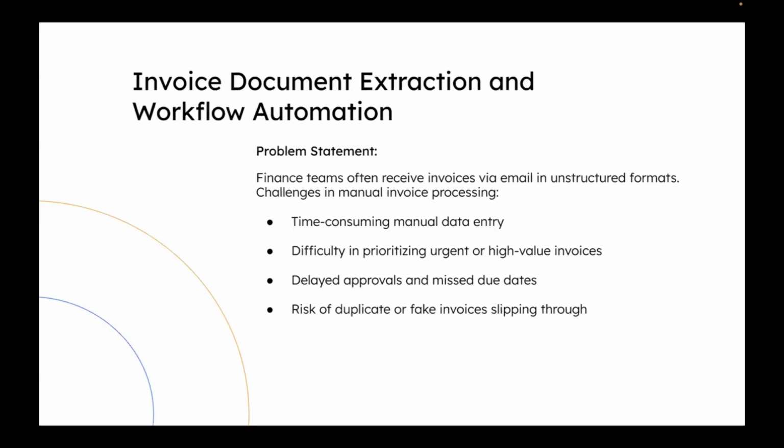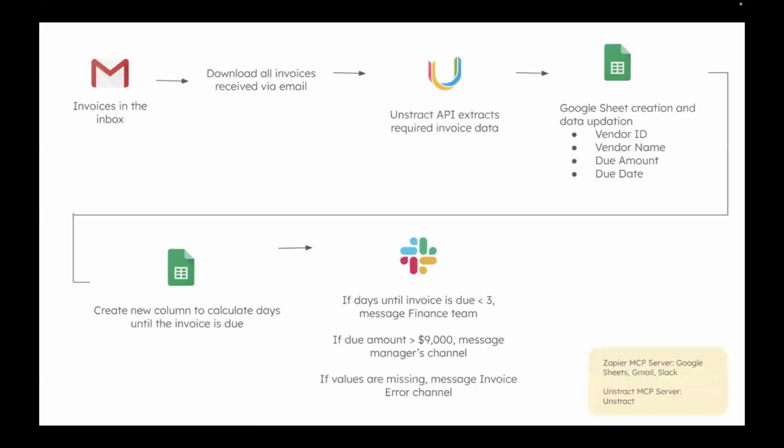And let's see how the workflow is designed to actually handle the challenges that you've just seen. In this workflow, I've designed it to get invoices from the email inbox. What we will be doing next is download all the invoices received via email.